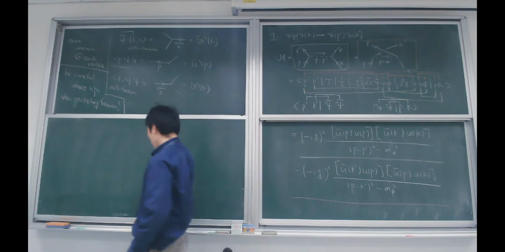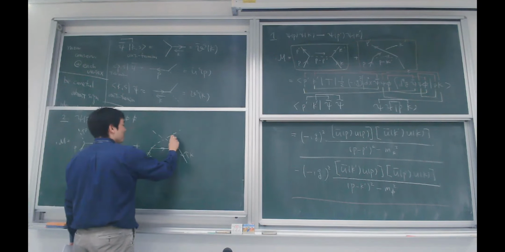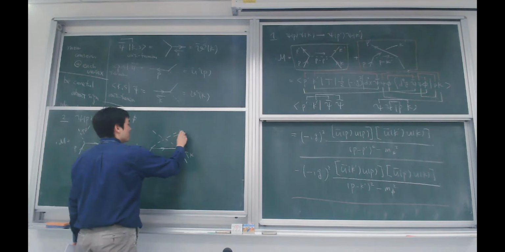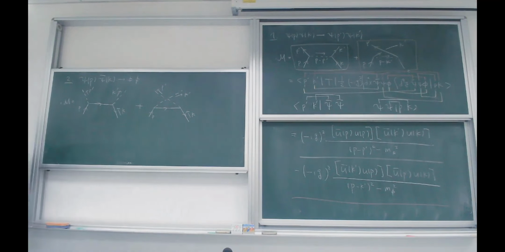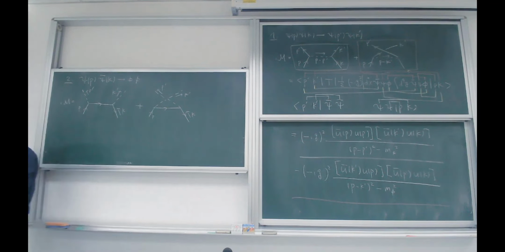This is p, and this is k. So nucleon and anti-nucleon will emit the pion and the pion. That's the process we are considering.